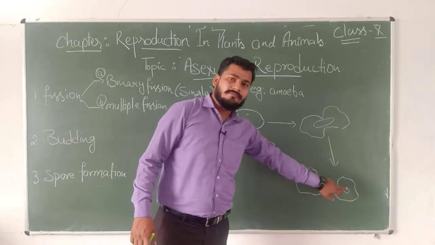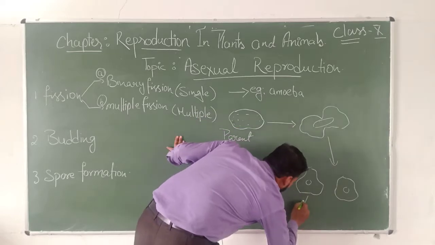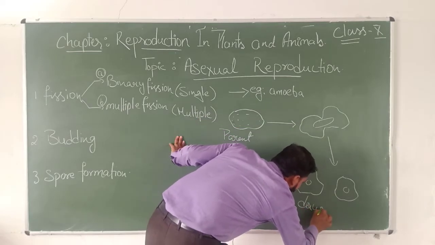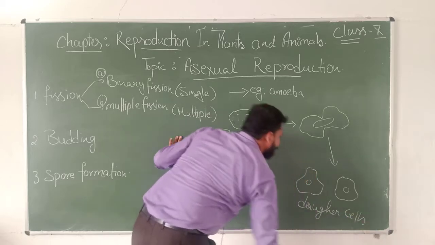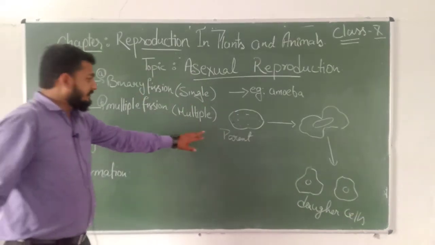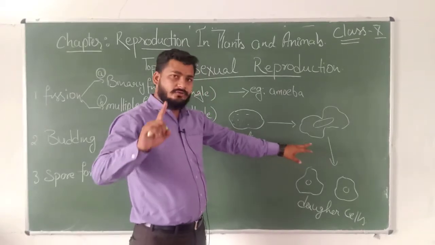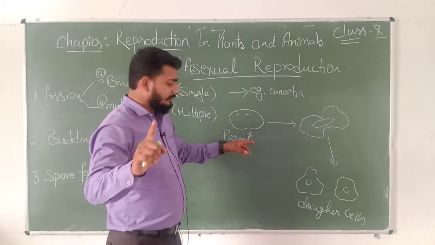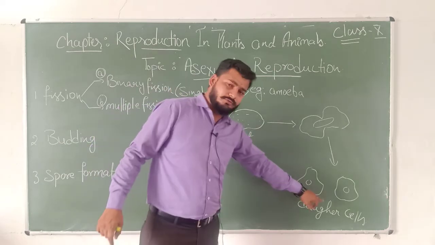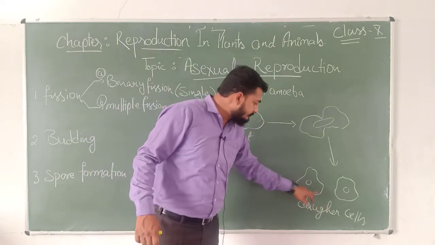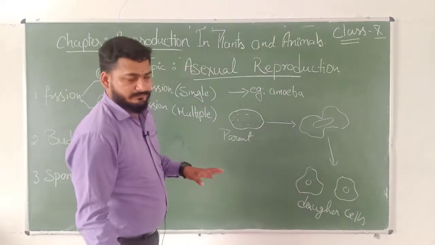And now these are the offsprings, or we also call them daughter cells. The fission has taken place once, and due to single one-time fission, the parent cell has got divided into two, and these both will grow individually into a new individual.